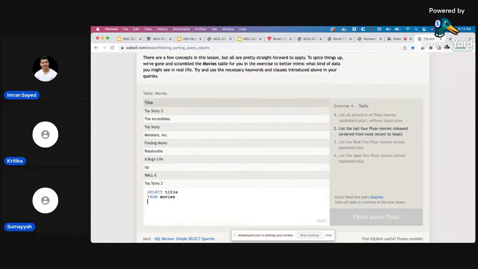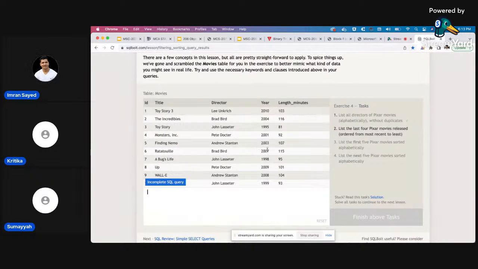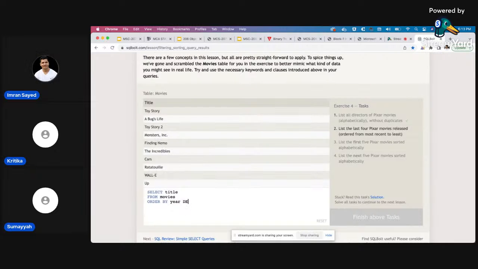You want order from most recent, so order by year, and it's going to be descending, because I want the movies whose year is highest first.